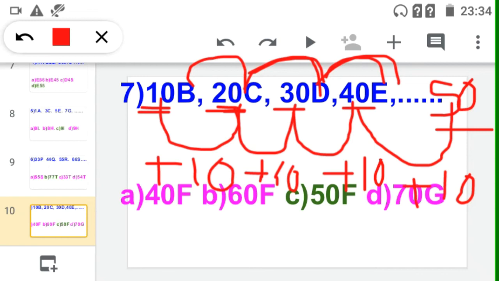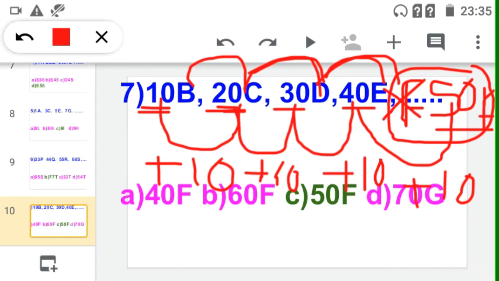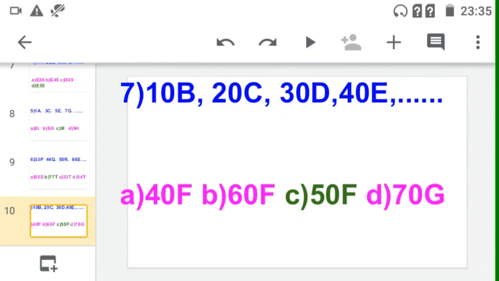After E there will be an F. So our answer is F50. Sorry. Here F should come after 50. So your answer is 50F.